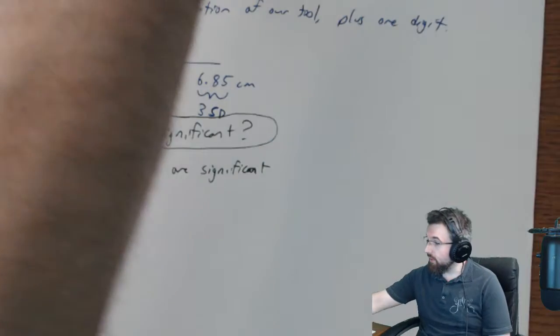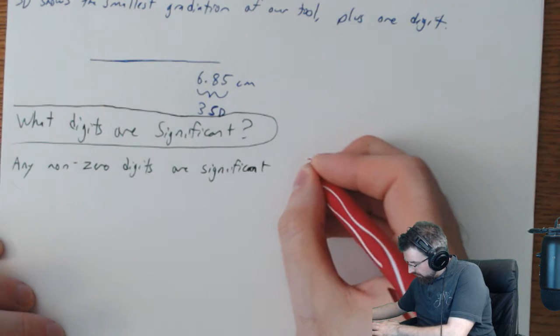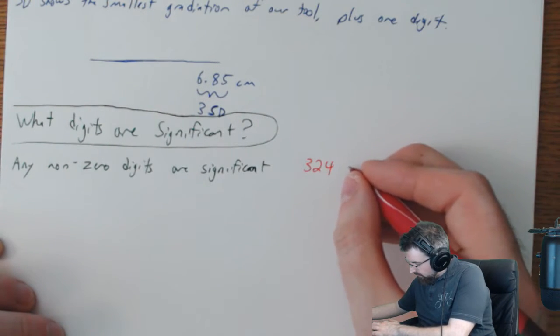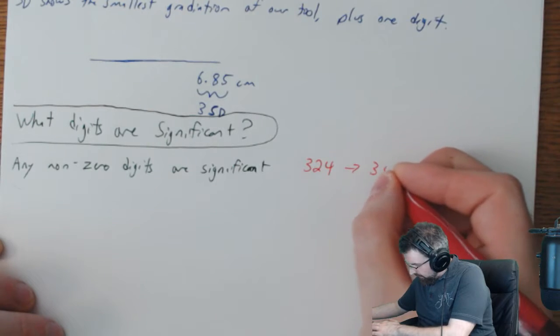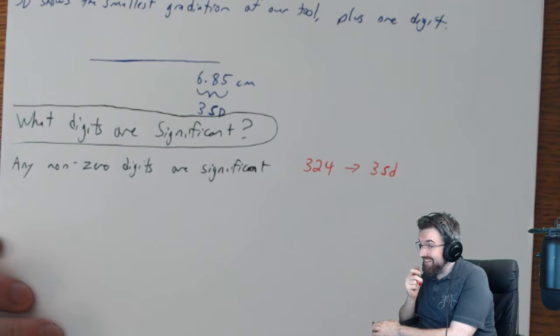So if we're given the number, say, 324, that's going to be 3 significant digits, because these are 3 non-zero digits.